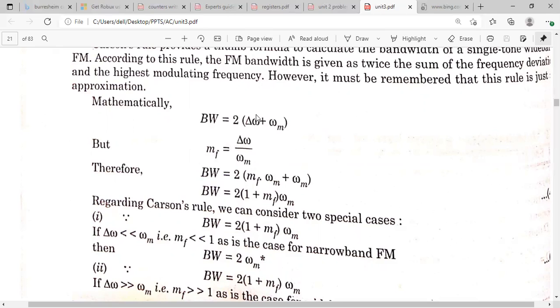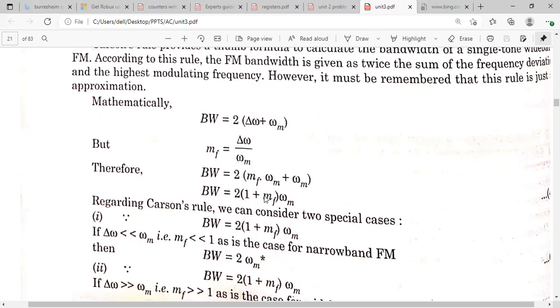What is the modulation index? Delta omega by omega m. So delta omega is equal to mf into omega m. If you take it common, you can write the bandwidth in terms of the modulation index. This is Carson's rule for the bandwidth, and you have to remember this.